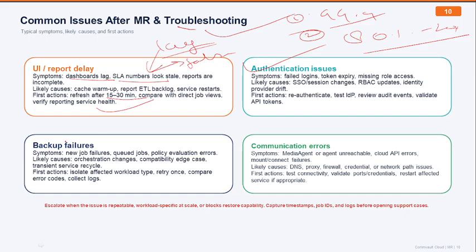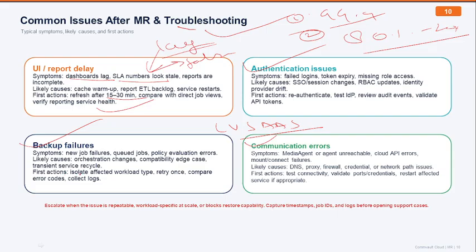Authentication issue, backup failures, communication error. These are the common changes you may see in your environment after every CV SaaS update. Also new job failures, queued jobs, policy evaluation errors.